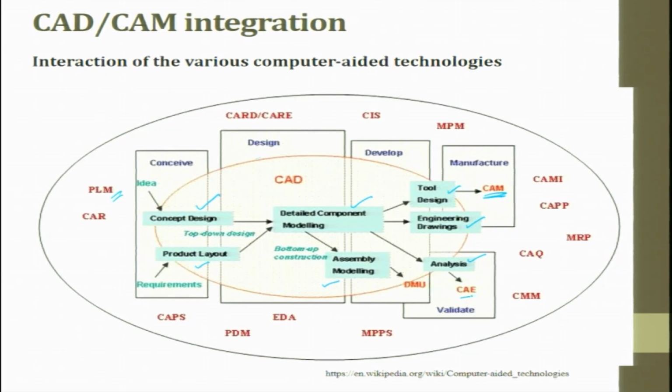When you talk about analysis, it goes to CAE. So, coordinate measuring machine, computer aided quality, manufacturing resource planning, computer aided process planning, computer aided manufacturing and inspection. Okay. So, if you see here, conceiving, designing, developing and manufacturing. So, CAD is an overlap which comes in all the areas, and you try to get conceived, designed, developed and manufactured.